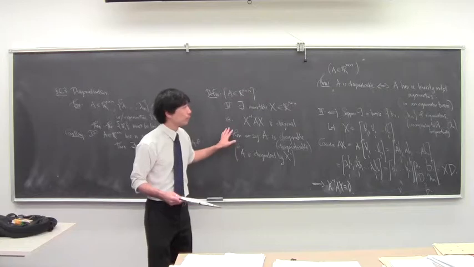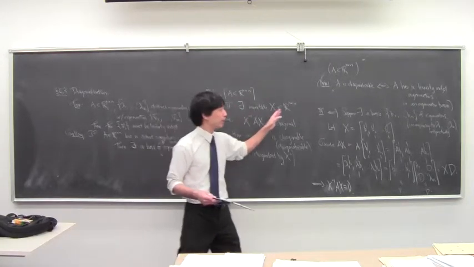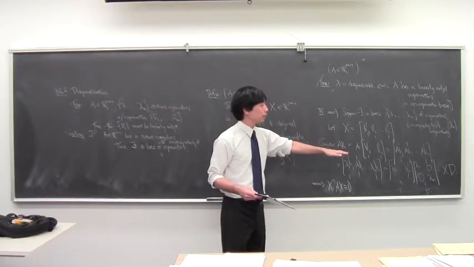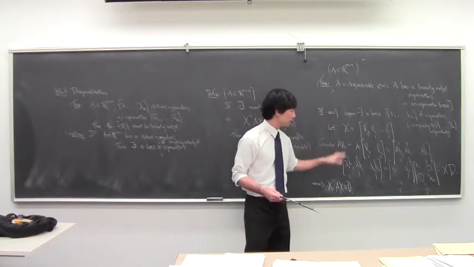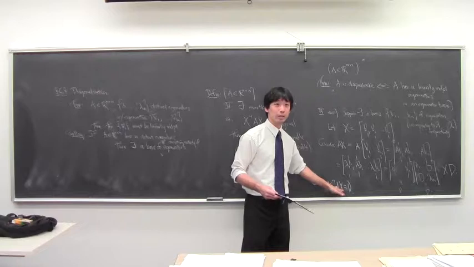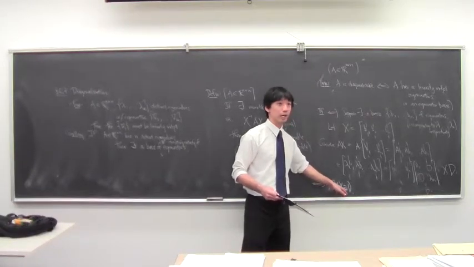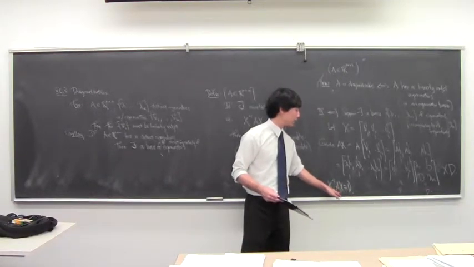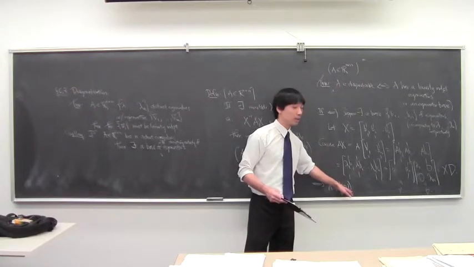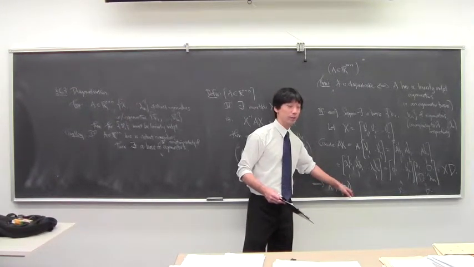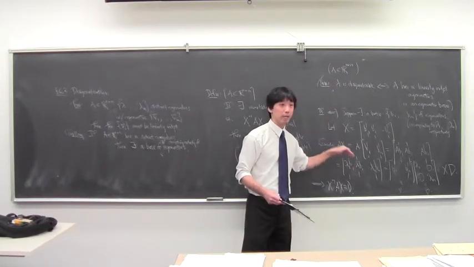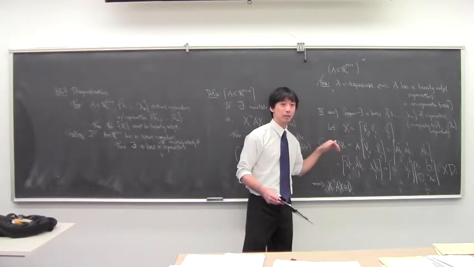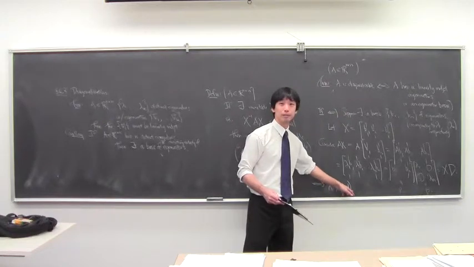If there exists a basis of eigenvectors, you just conjugate. You make a matrix of those eigenvectors, and you conjugate the matrix, and you end up with a diagonal matrix. And in particular, you end up with a diagonal matrix with the corresponding eigenvalues down the diagonal.